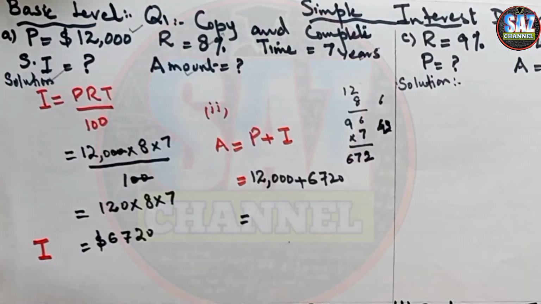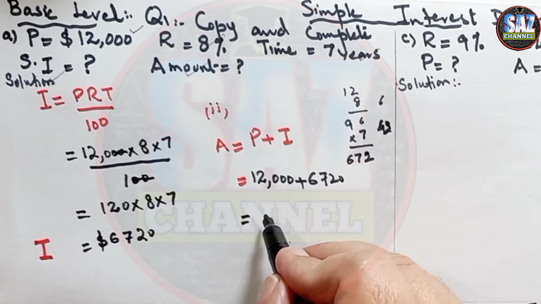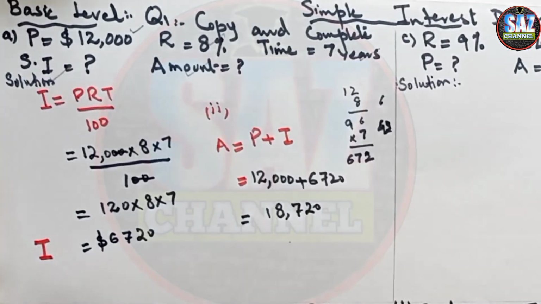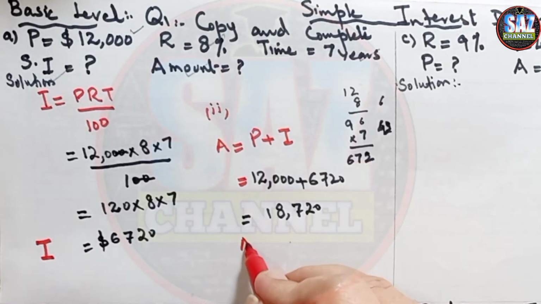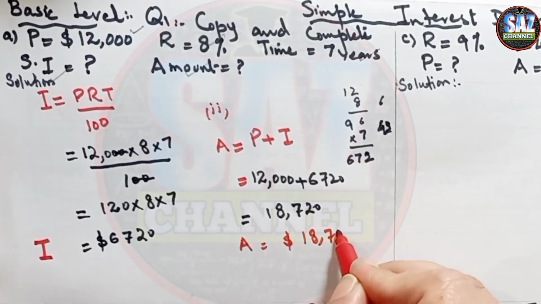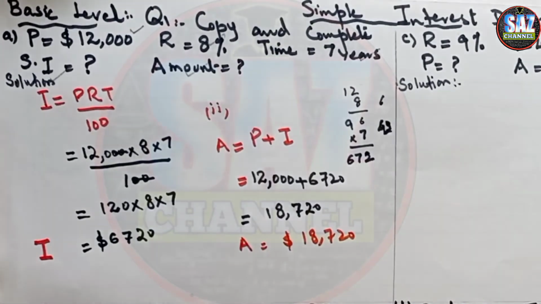This gives 18,720. So the amount that I will have after 7 years is $18,720. So this is the answer for this question. I hope you are clear about this question, and let's see the B part quickly.